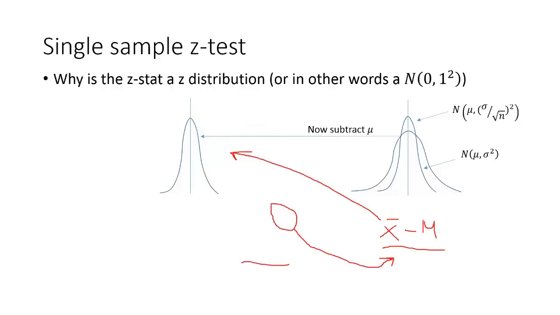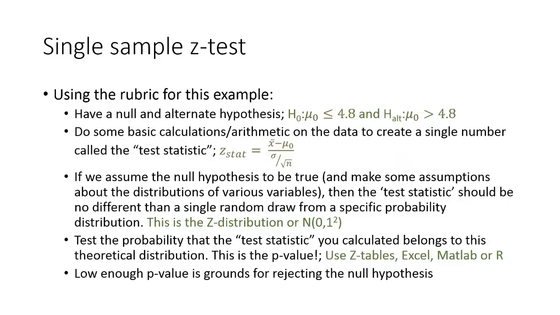Perfect. So now what we're going to do is go back to this rubric. Great, so we've reasoned that you have to calculate the z-stat, and we've already said that the z-stat, if the null hypothesis is true, should be like pulling a random number from a normal distribution.